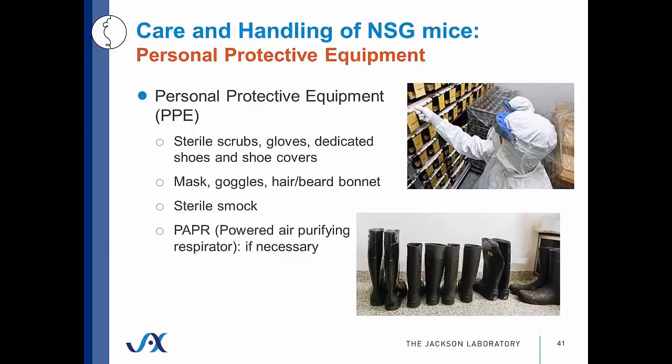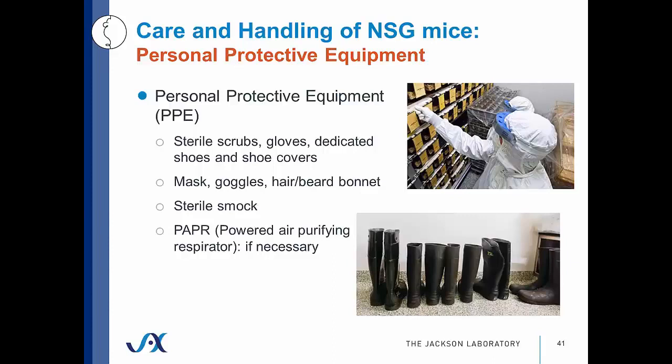So now we're going to talk about the personnel that are using and or caring for the NSG mouse. It's really important that the personnel use personal protective equipment to reduce the potential spread of pathogenic infection to the NSG mouse. We recommend using sterile scrubs, gloves, and dedicated shoes and or shoe covers when entering those rooms.